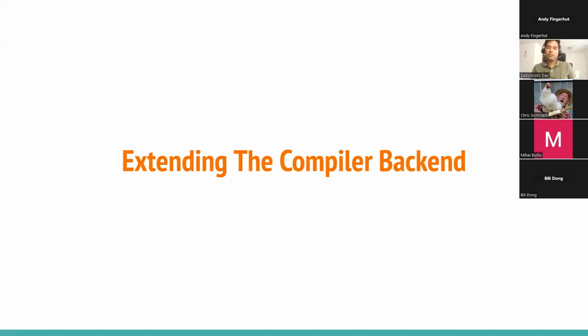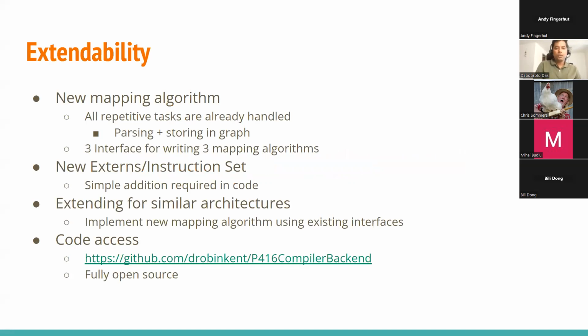So the next question is how to extend the compiler backend. You can write new mapping algorithms. We have these 3 mapping parts: the PHP mapping, the TDG mapping, and so on. There are 3 interfaces for writing these 3 mapping algorithms, so you can replace any of them and write your own mapping algorithm.